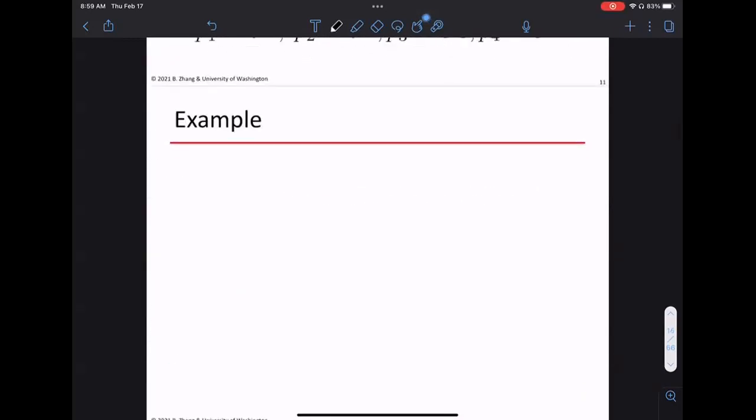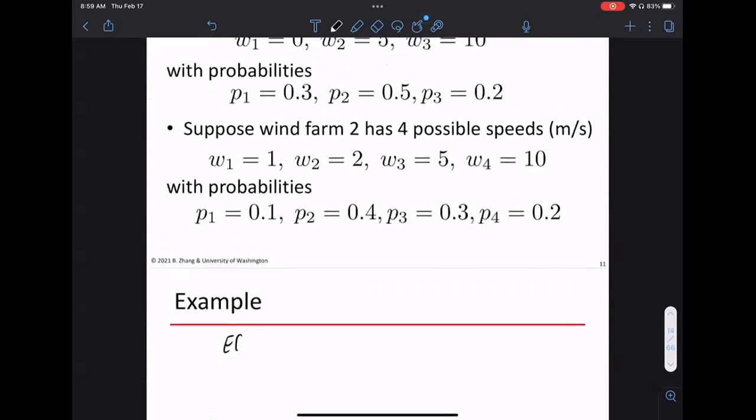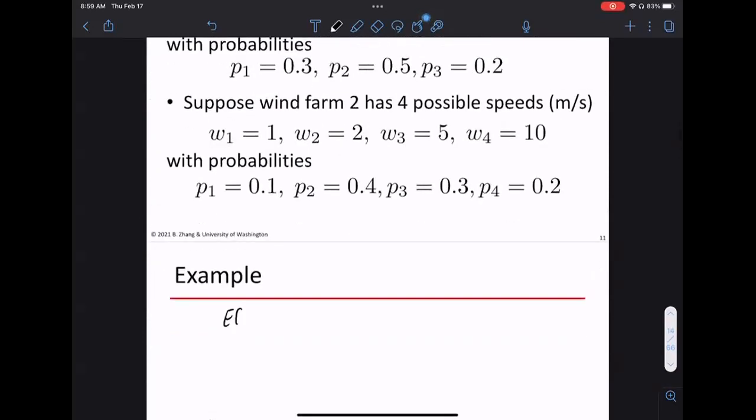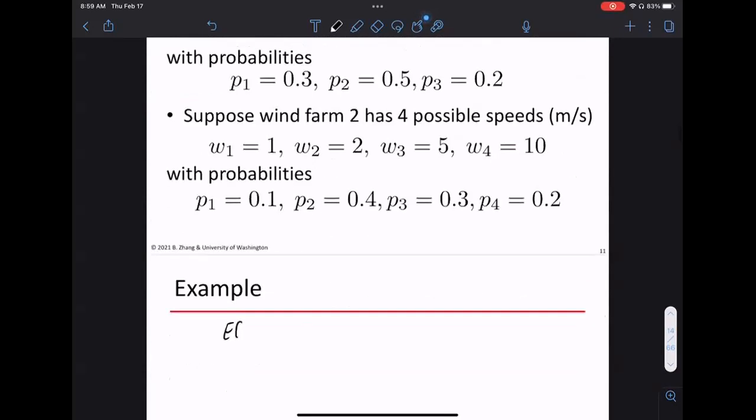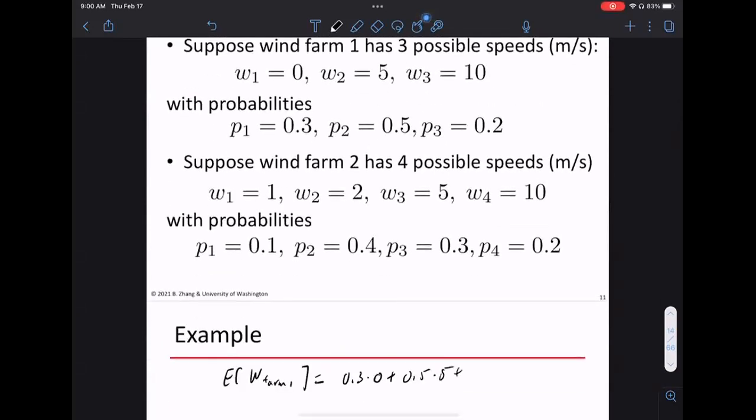So for the first wind farm, the expectation of W for farm 1 is 0.3 times 0, plus 0.5 times 5, plus 0.2 times 10. This is an average calculation.